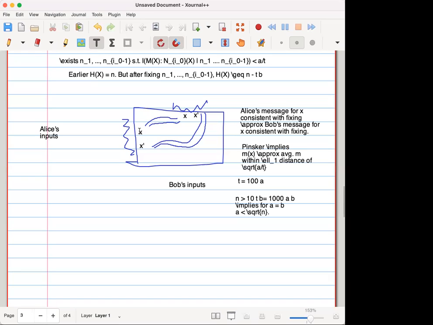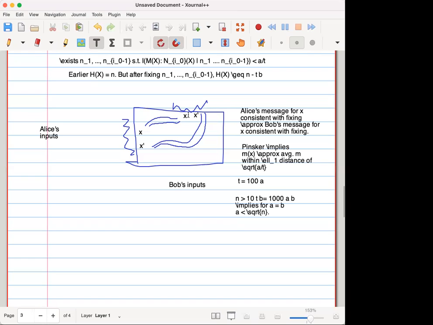So let us say X after this fixing had support on at least 100 inputs. This Markov might lose another, let us say, even half of them. So I know there are at least 50 such X prime, X double primes, where the message MX is very close to the average message M. So finally, what I want is there are two distinct X and X prime where the messages are almost the same.